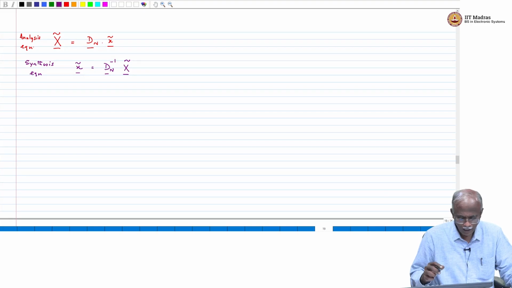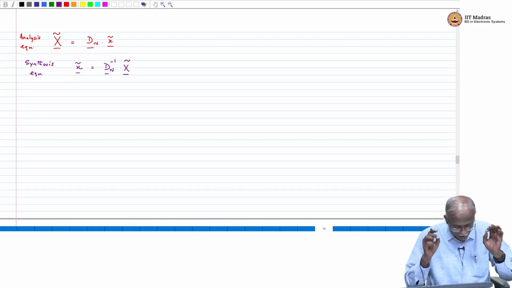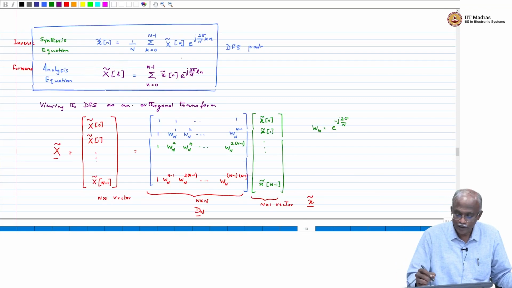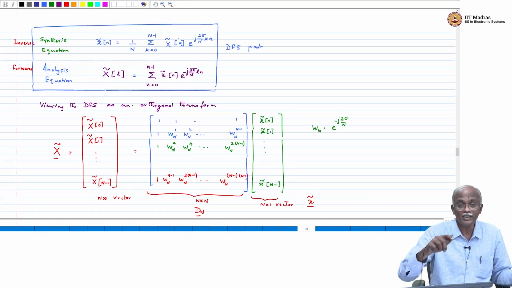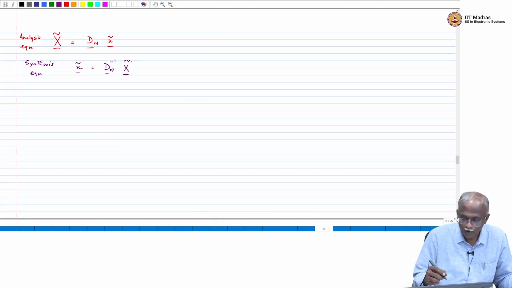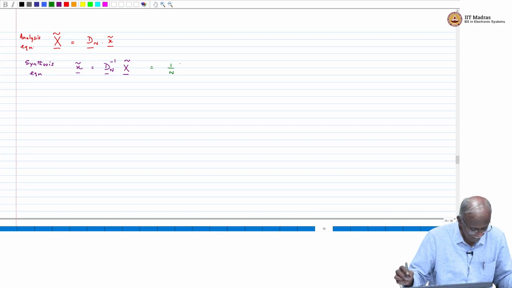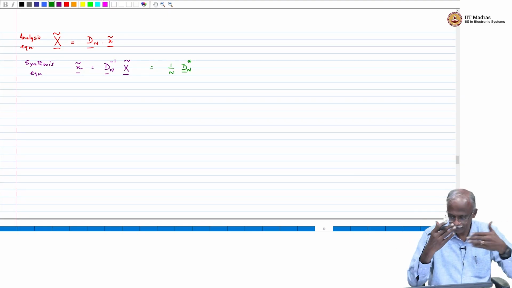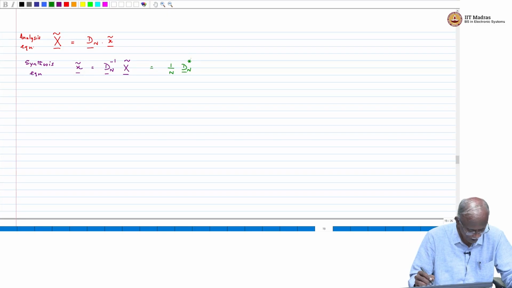By looking at the properties of the expression we have for the synthesis equation, if you go ahead and write it down, you will find that this is nothing but 1 over n times d n conjugate, or d n Hermitian. It's a symmetric matrix, so therefore times uppercase x tilde.